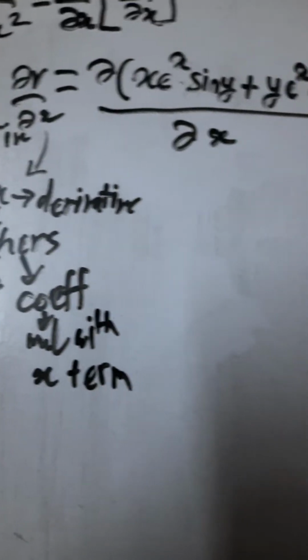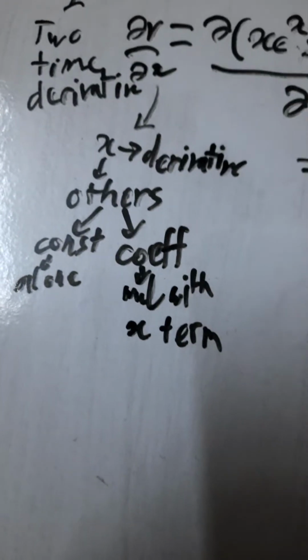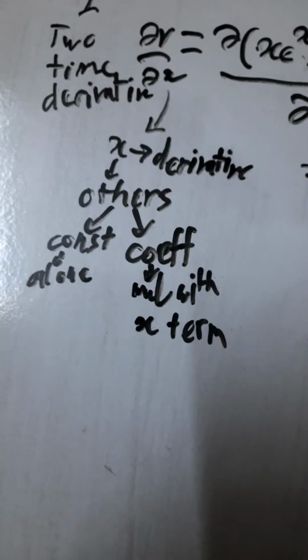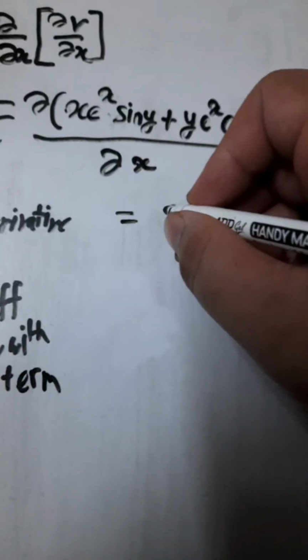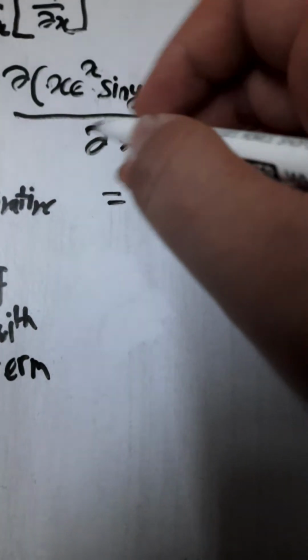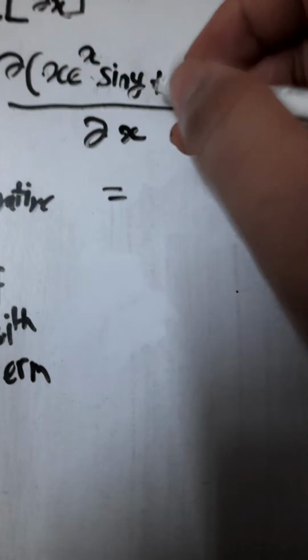So this is like that, okay? Del v by del x is equal to this stuff. Now, x e raised to x is totally an x term. Sin y is a y term. I have to explain another thing.